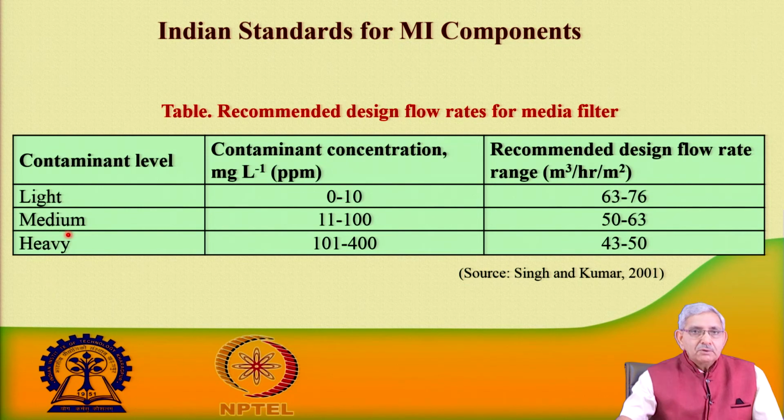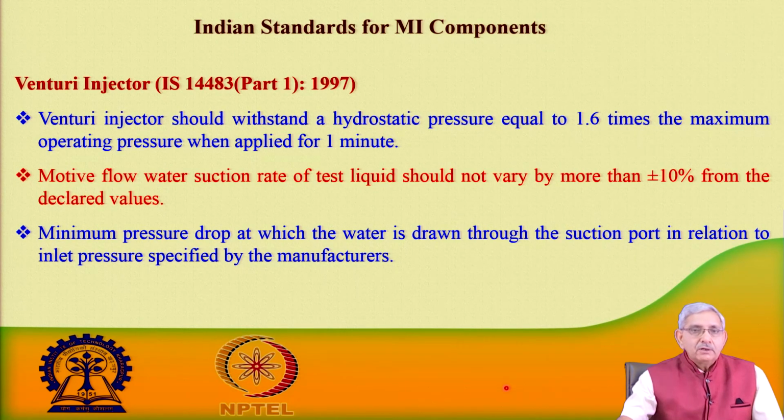Similarly, if it is heavy, then the flow rate will reduce, that is 43 to 50 cubic meter per hour when the contaminant available in the water is 101 to 400 ppm level.